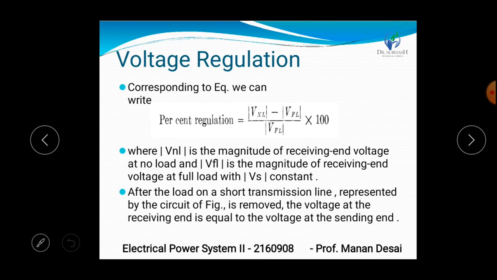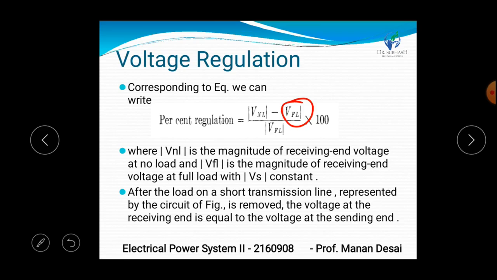So we can say VNL is Vs, the sending end voltage, and receiving end voltage VR is considered as VFL, full load.